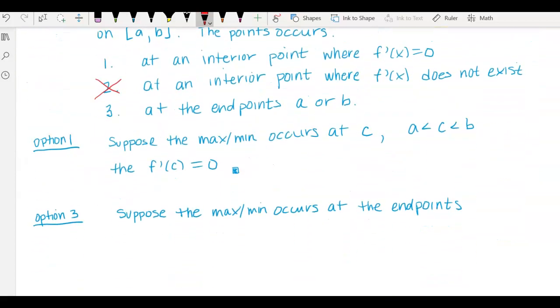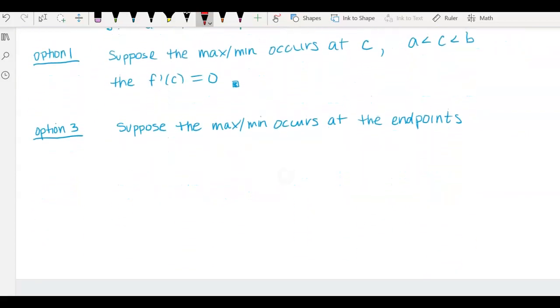So if the max or the min occurs at one of them, it has to also occur at the other one, right? So let's say that there's a maximum point at f of A. Well, that's also equal to f of B. So that means that this has to be a constant line, right? Because anything in between them is going to be this horizontal line. These are the max points.